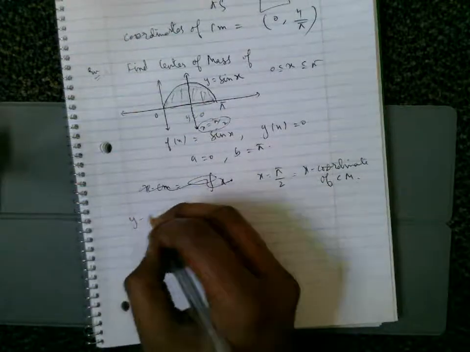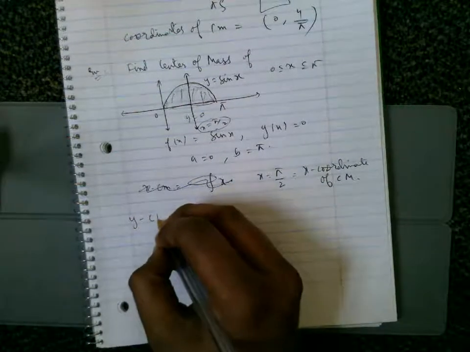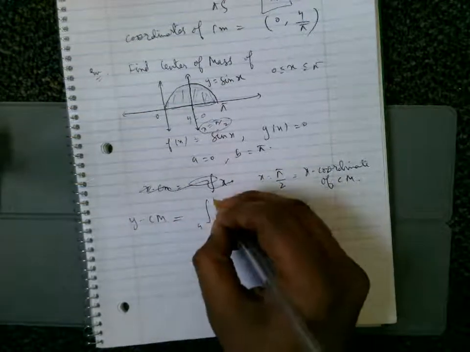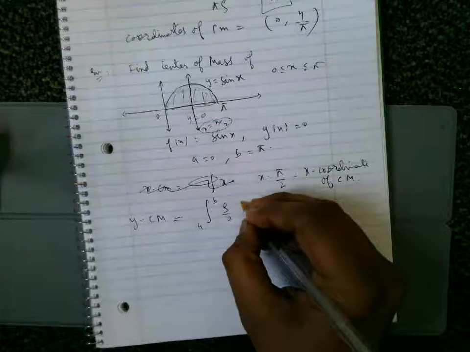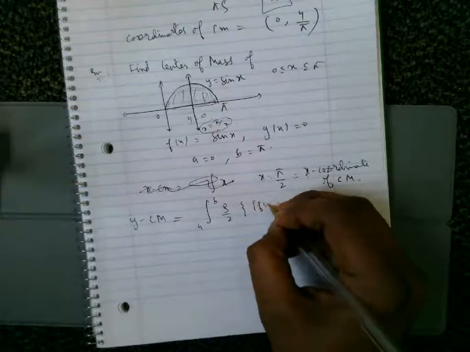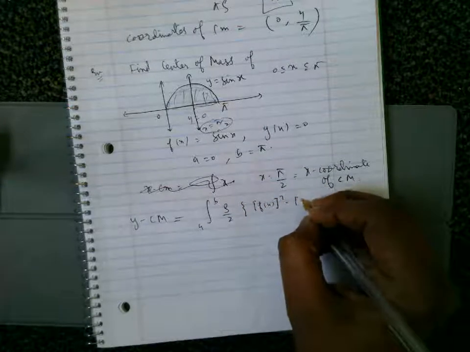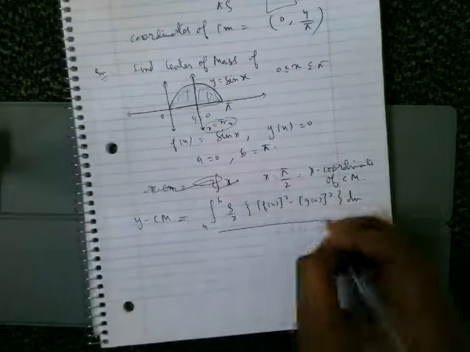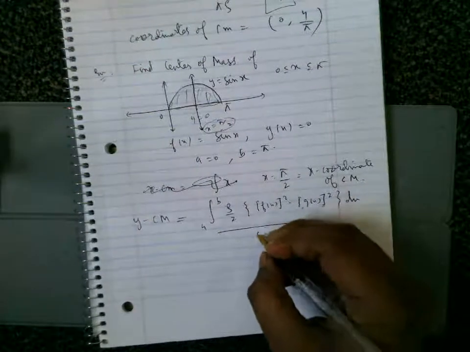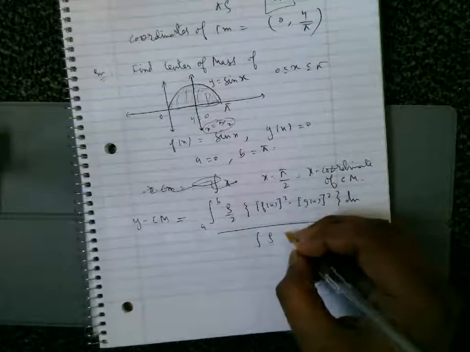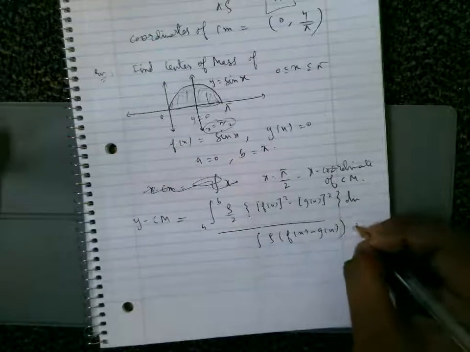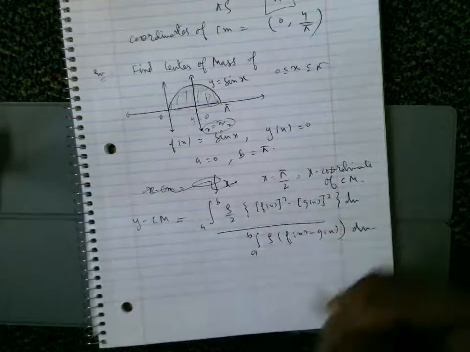So all we need to do is find the y coordinate of the center of mass, and we know that the formula for that is rho by 2 times f of x whole squared minus g of x whole squared dx, divided by the area. The area is given as rho times f of x minus g of x dx from a to b.